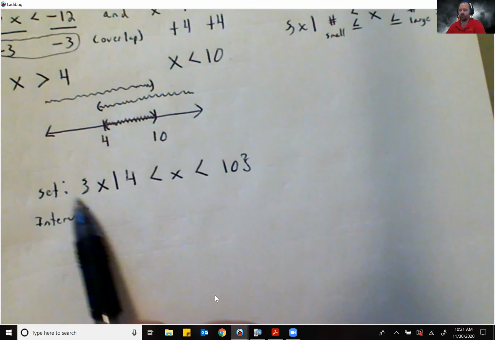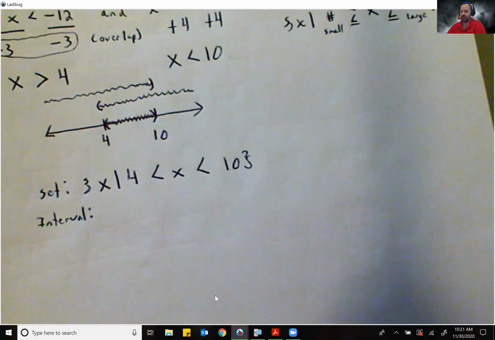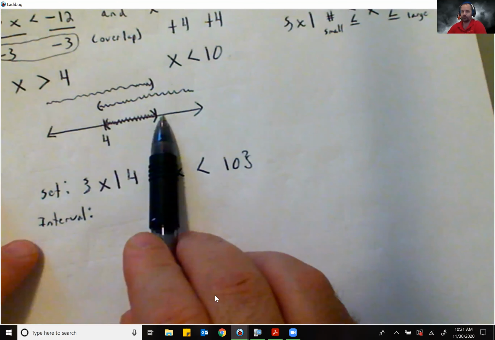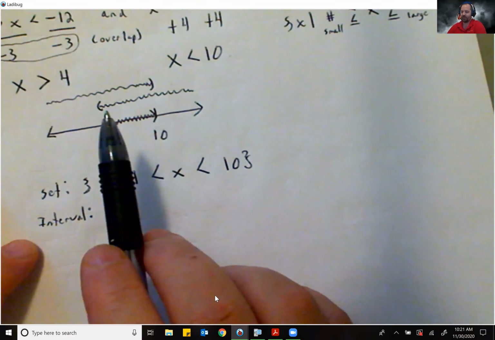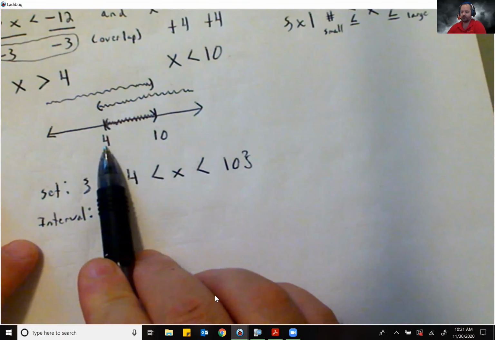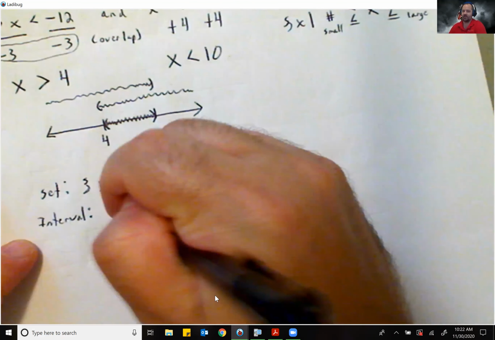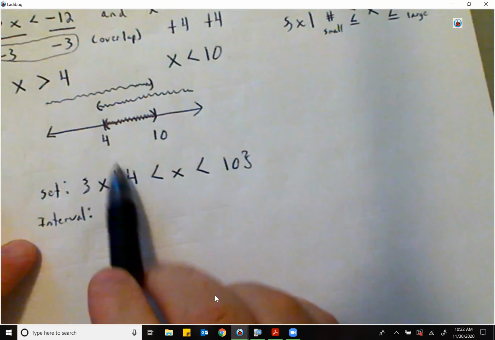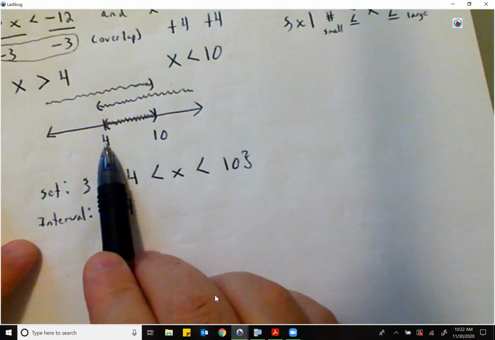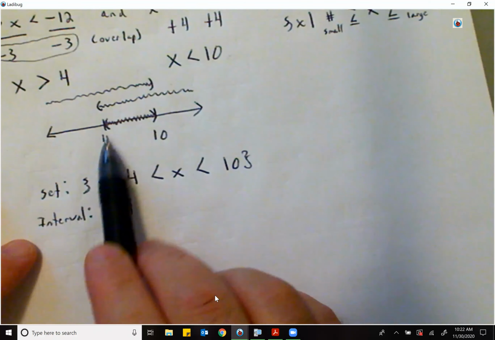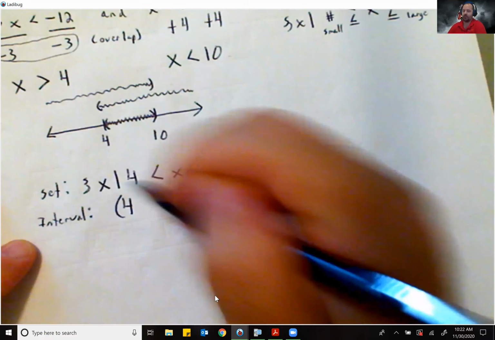Let's talk the interval. The interval is just what you see right up here. So where does the interval begin? At what number? 4. Is it a bracket or a parenthesis at 4? Parenthesis. Comma.